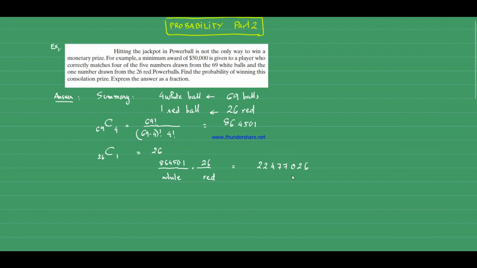So this one is the sample space, the cardinality of the sample space set.